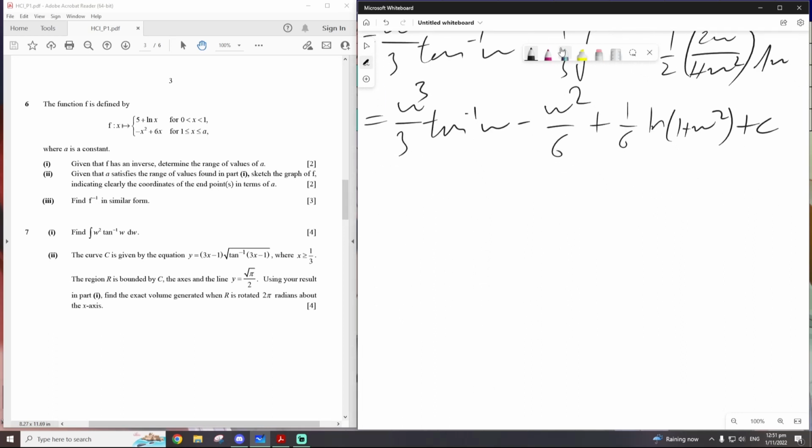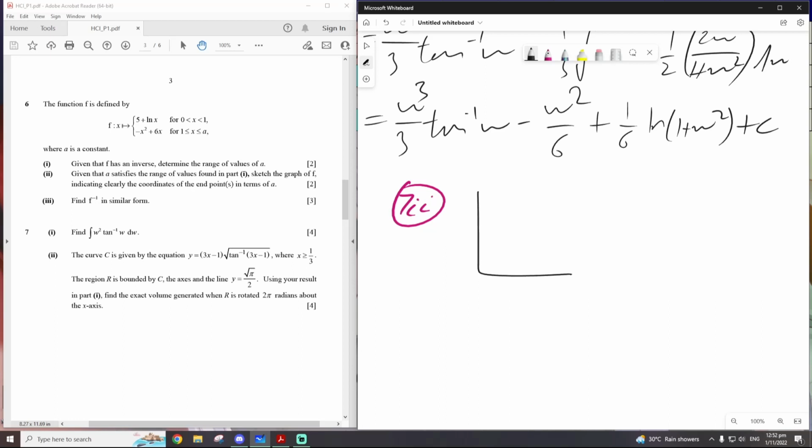Okay, part 2. The curve C is given by this. So if you want, you can actually sketch the curve. And if you sketch the curve, we can get a very simple sketch.